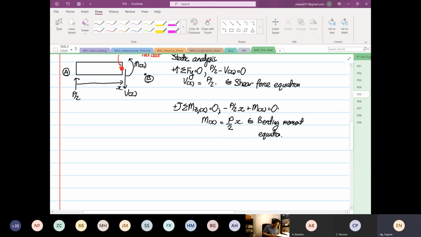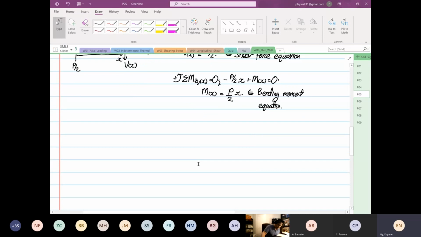I'm going to sketch our shear force first. So this is my V, my shear force, and over here, this is my x.